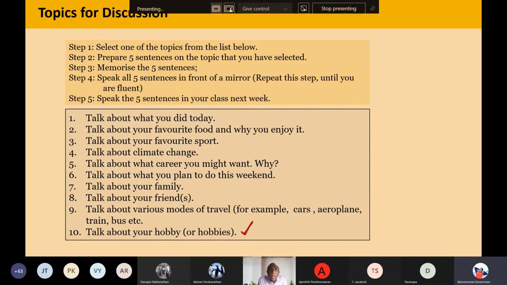Sir, I didn't write. I am very interested in speech and excellent in speech, so I didn't memorize the speech. I tell it on my own. Okay, you are not memorizing. You are just speaking on the spot, it's called impromptu.